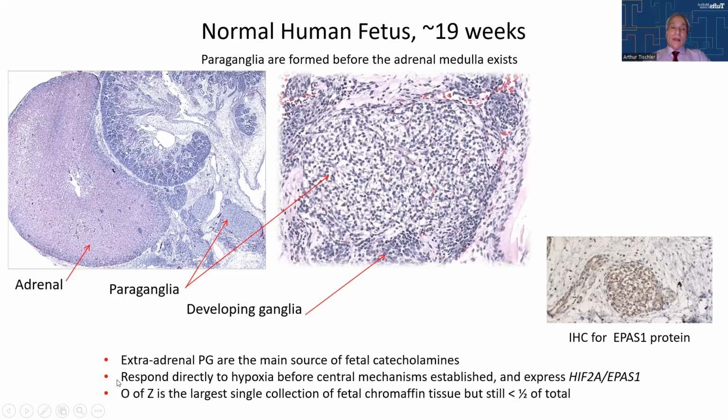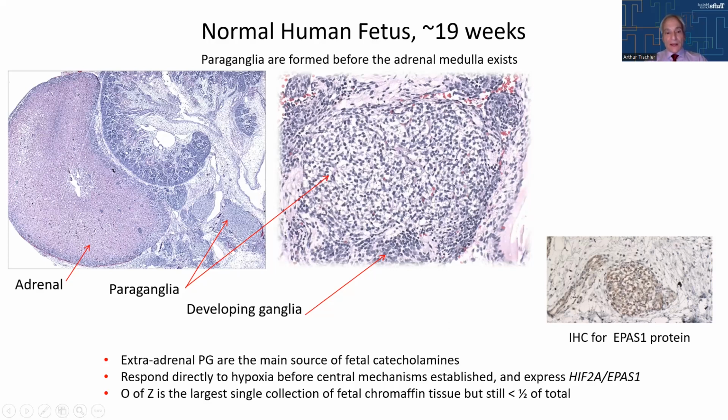Extraadrenal paraganglia are the main source of fetal catecholamines, and they respond directly to hypoxia in order to regulate fetal heart rate before central mechanisms of hypoxic signaling are established. And in that role, they express a number of transcription factors called hypoxia-inducible transcription factors, one of which is known as HIF2 alpha or EPAS1, which plays a particularly important role in the development of a family of paraganglionic tumors.